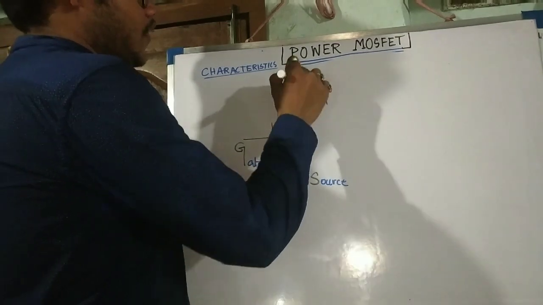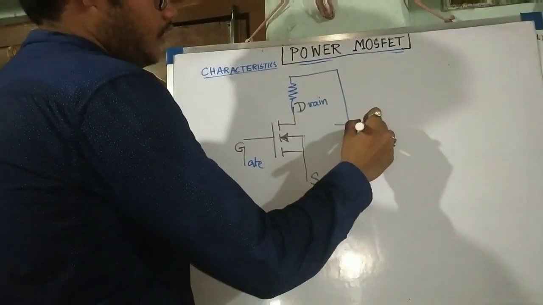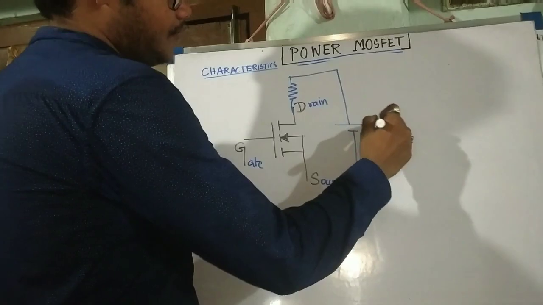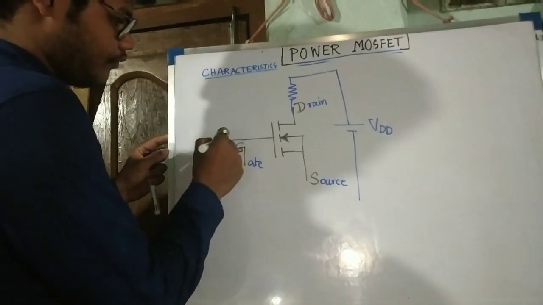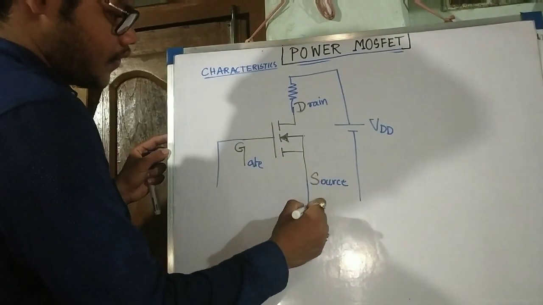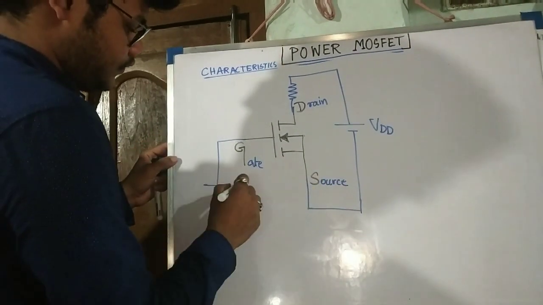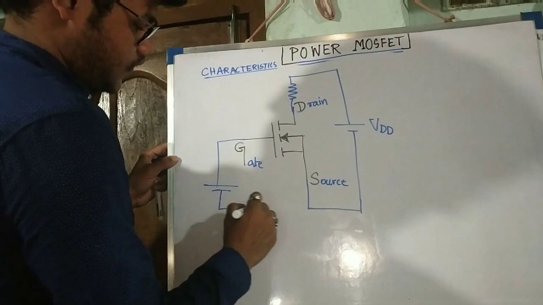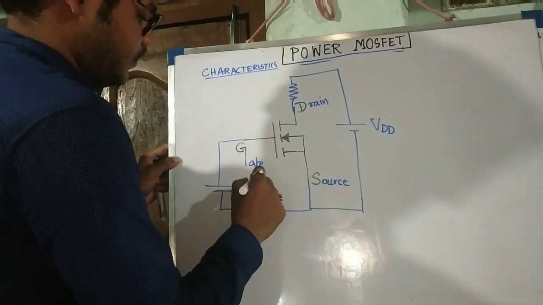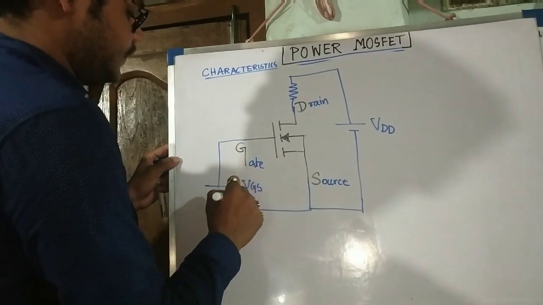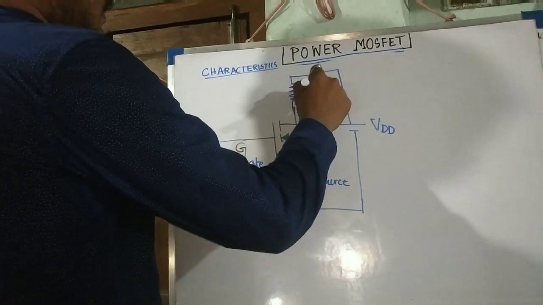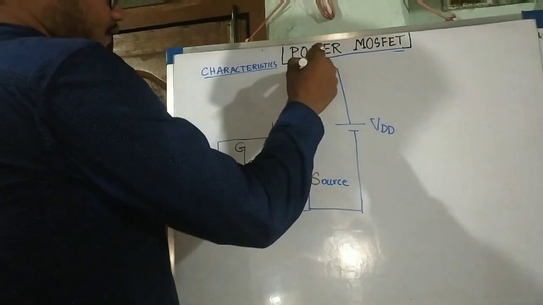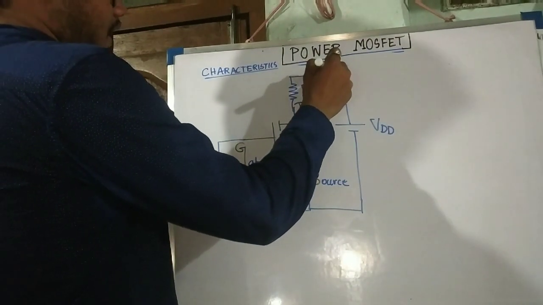This is VDD. This is your source. This is VGS, the gate to source voltage. This is RD, and this is the direction of ID.